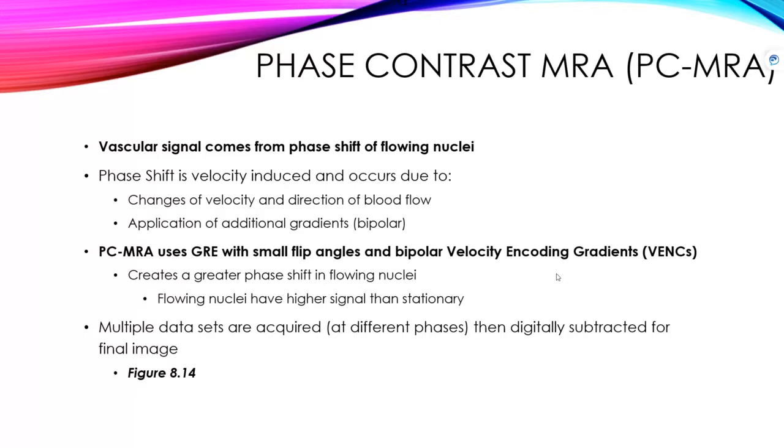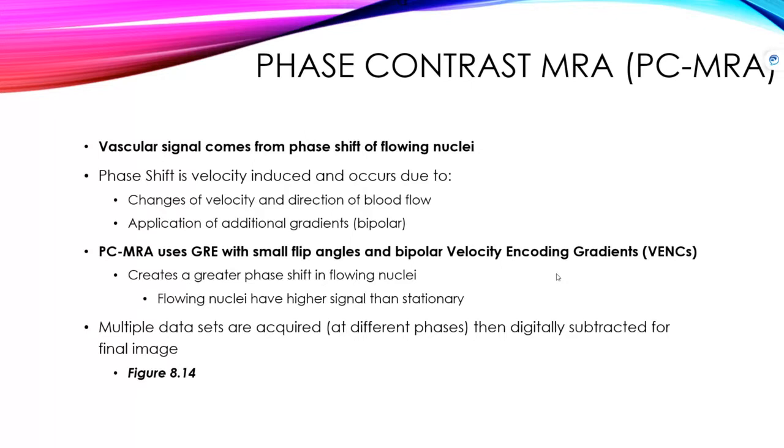Now, as the flowing spin is moving, it is losing its phase, just like the stationary spin is losing its phase as it stays stationary. Then you apply your second lobe, and now the stationary spin is going to have the lower end of that second lobe, and the moving spin is going to have the higher end. Notice that on the first lobe, it says higher, lower. On the second lobe, it says lower, higher.